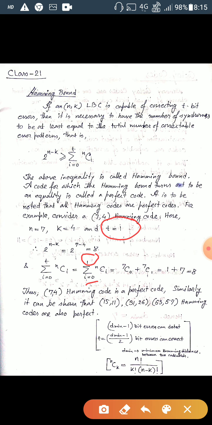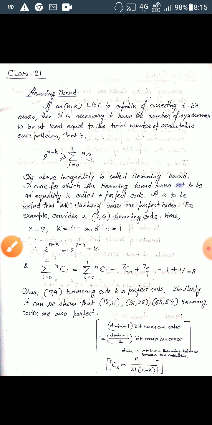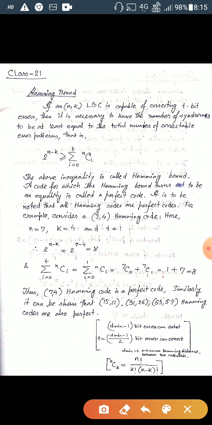So it starts from 0 up to 1, then the combination will be of the form C(7,0) plus C(7,1). Individually, the first value becomes 1 and the second becomes 7. To recapitulate, we write down the combination formula here. C(n,k) is defined as n factorial divided by k factorial times (n minus k) factorial.